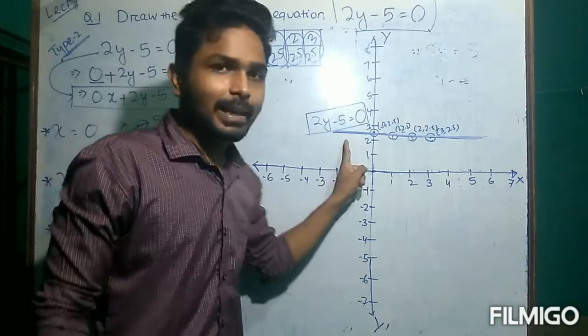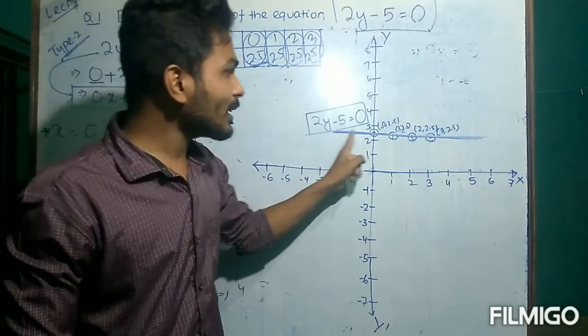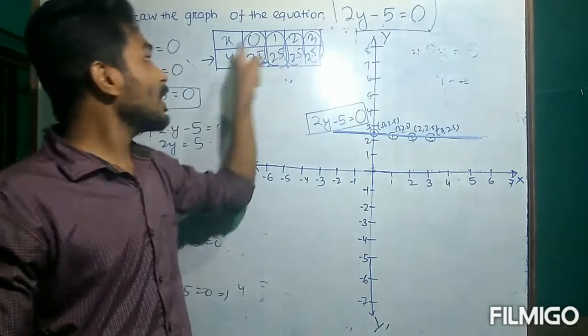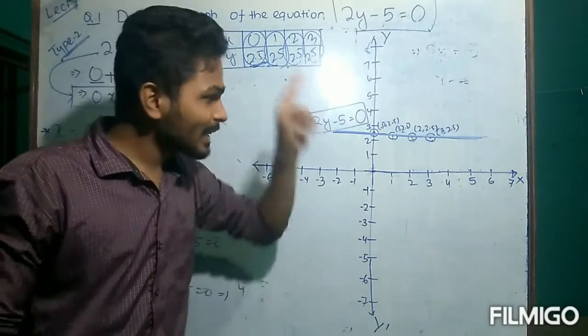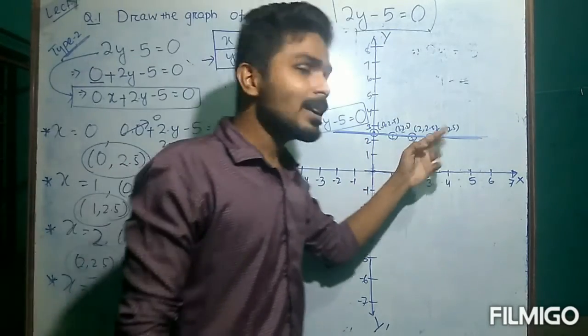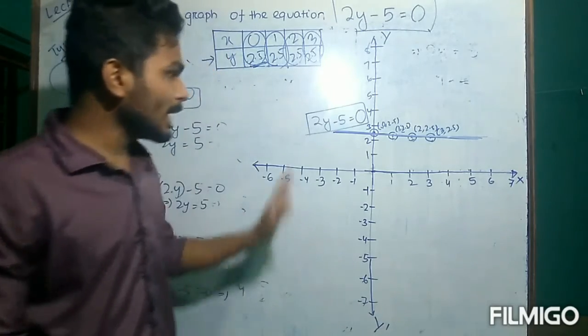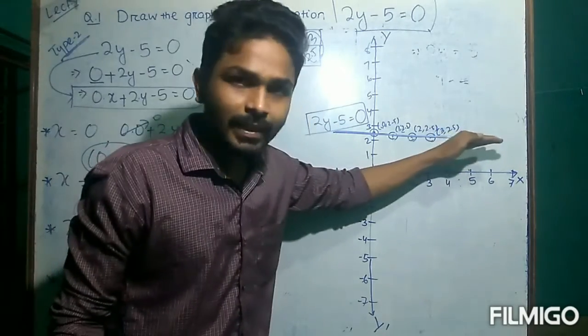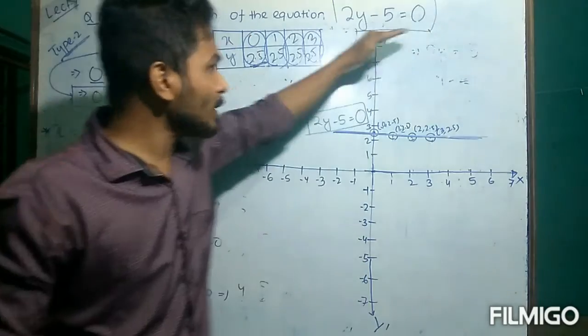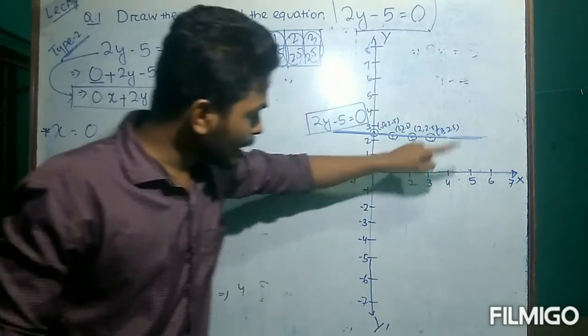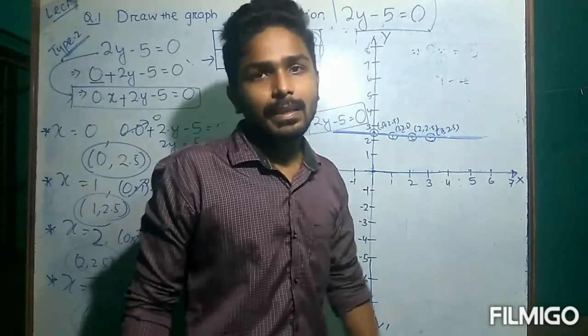We concluded that if we draw the graphical form of an equation in which the y value is fixed, then in such cases the straight line is parallel to the x-axis. Again I am saying, if you draw a straight line for an equation in which the y value is fixed, then that straight line is parallel to the x-axis.